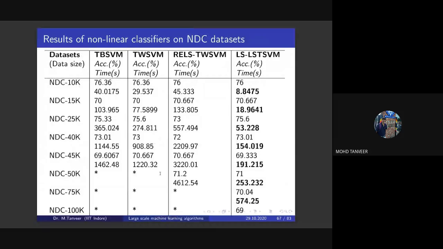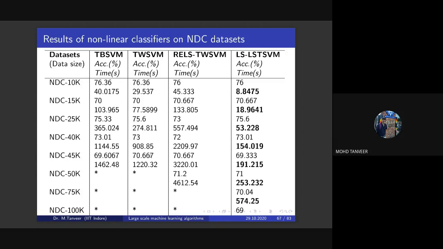You can see more results on another synthetic data, NDC, generating this data. After 45K, TBSVM and TuneSVM stopped working, and after 50,000, RELS-TSVM stopped working.